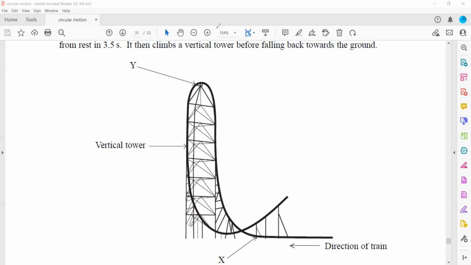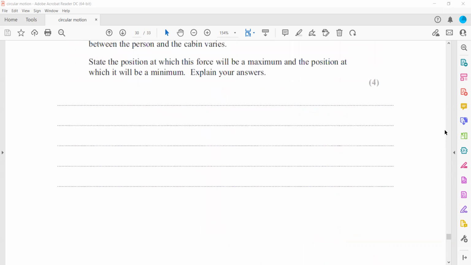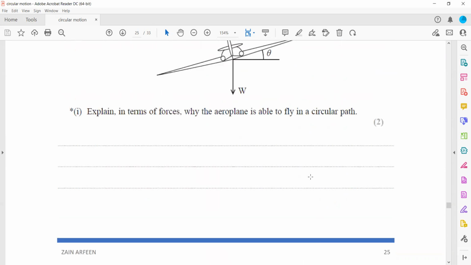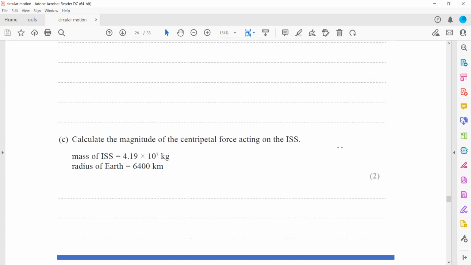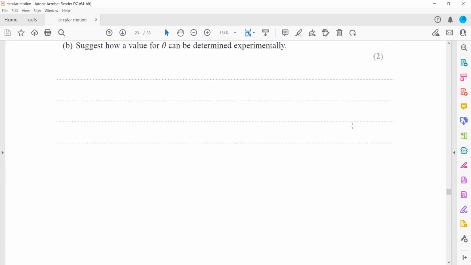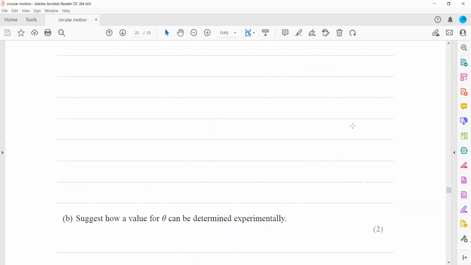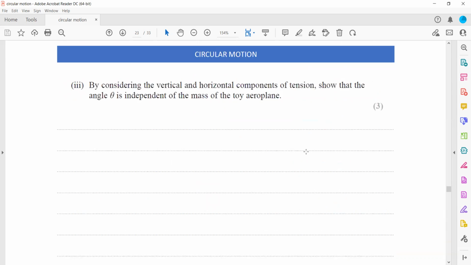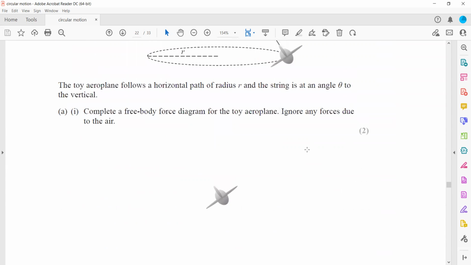And there's one more doubt, which is about 19 part B. This is how the value of theta can be determined experimentally.